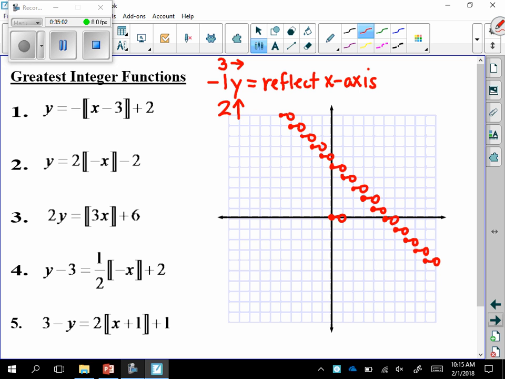I just started off with this. My parent function has a step that goes from 0 to 1. So I took that point, I shifted the entire step 3 units to the right. And if I had to reflect it, then up 2. It ended up right there. All right, everybody good?